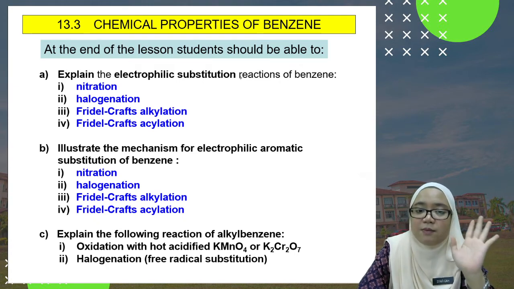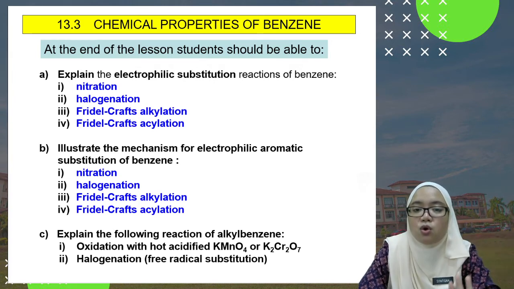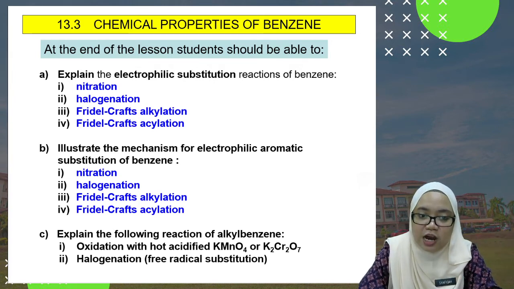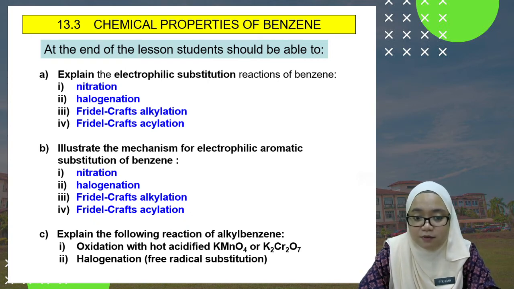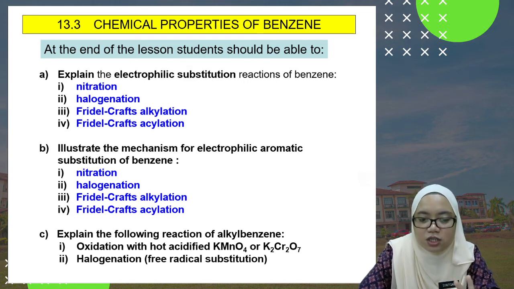And kita akan belajar on how to draw or illustrate the mechanism to show how the electrophilic aromatic substitution occurs in benzene. Okay, so all 4 of these electrophilic substitutions have mechanism. And then we are going to look at the reaction of alkylbenzene, which is oxidation and halogenation.